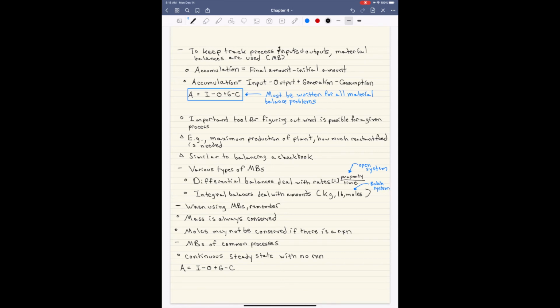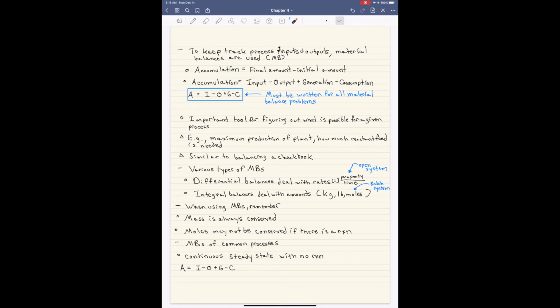Okay? And so with this process, it's continuous. We need to look at the key words in the process description. So it's continuous, it's steady state, and there's no reaction. And so the first thing we should latch on to is the word steady state.